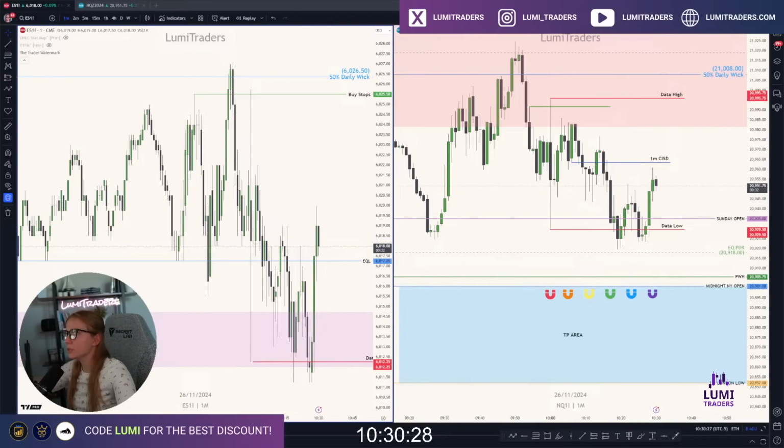All I need to see is a 5-minute bullish order block to consider potential reversal. Because we still have 30 minutes, I cannot confirm our sweep yet. But looks like a sweep so far.